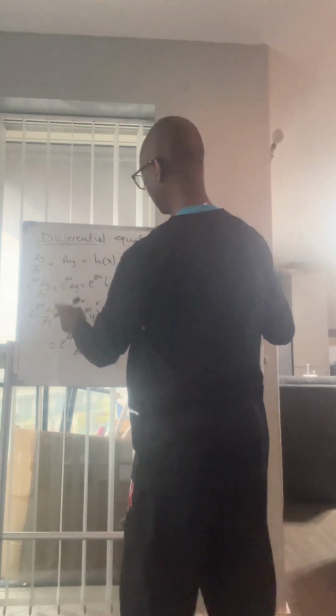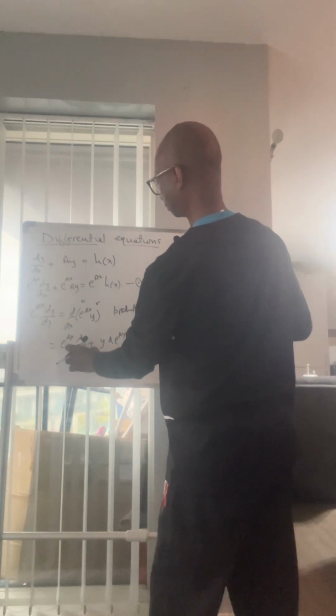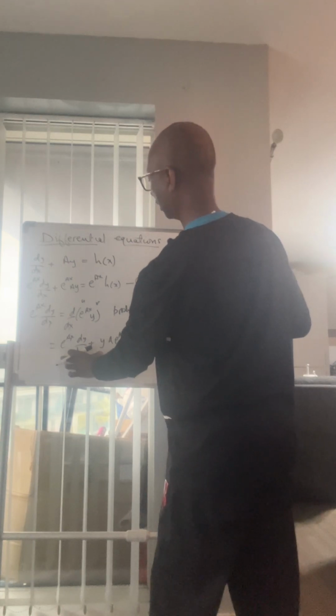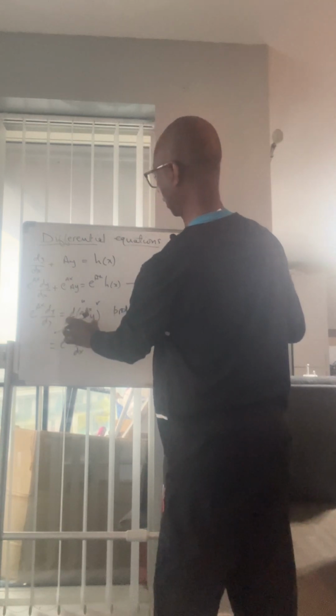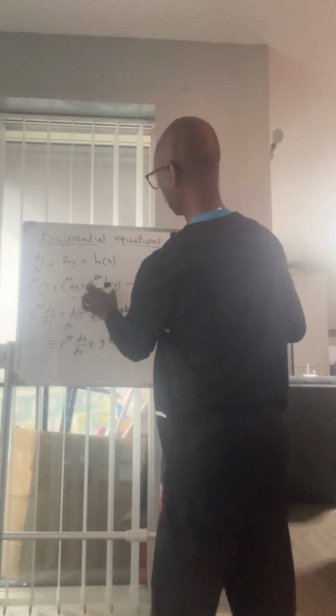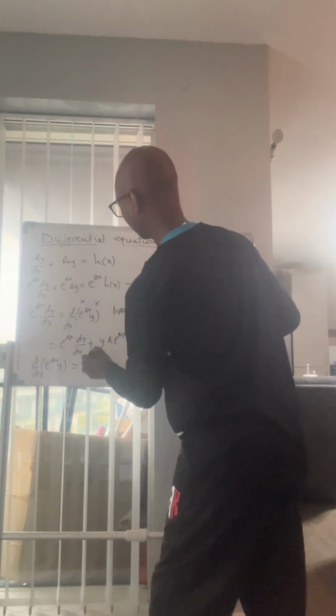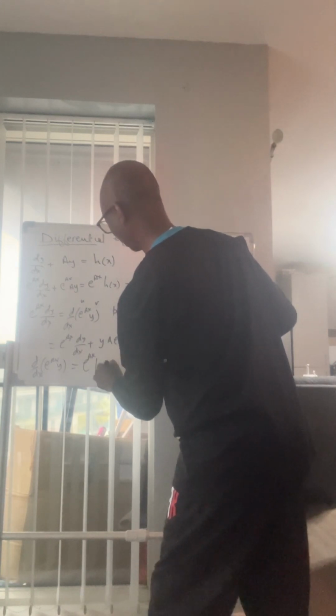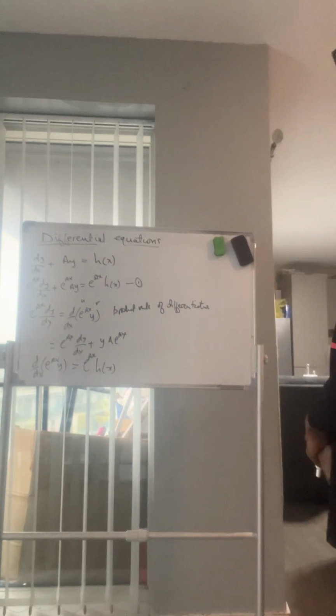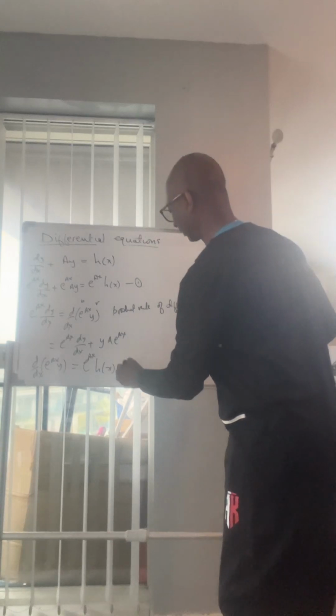So that means if you differentiate this one here, you get this. That is to say, d/dx of e raised to the ax times y is the same as e raised to the ax times h of x. I hope you understand that.